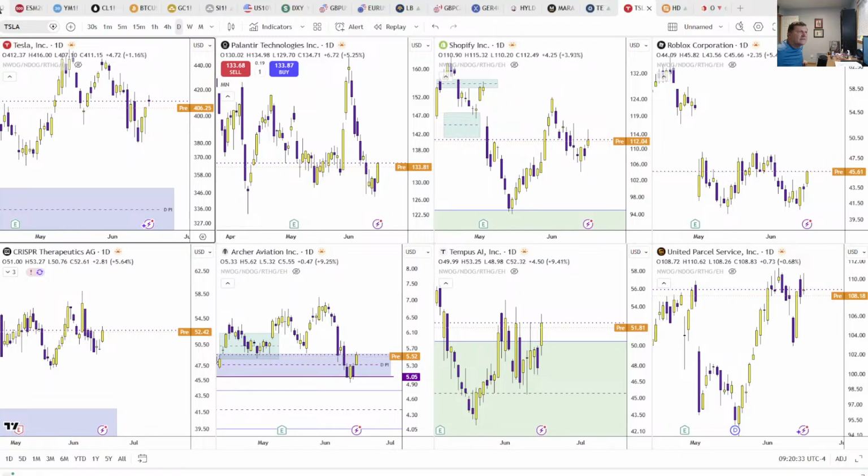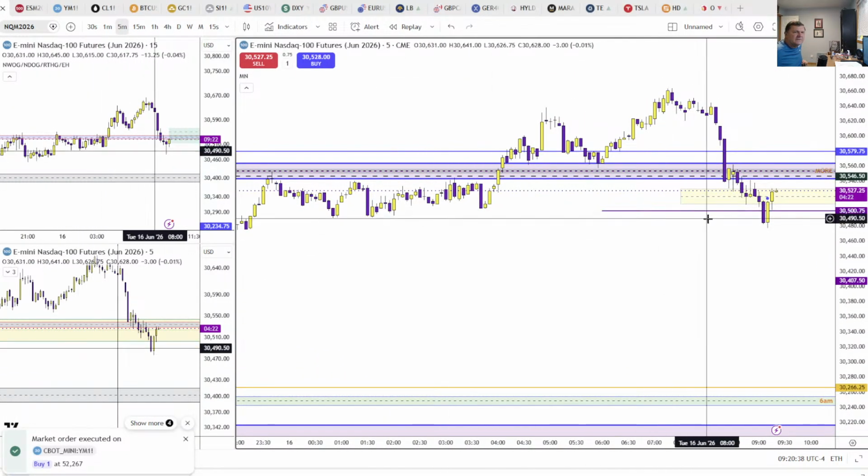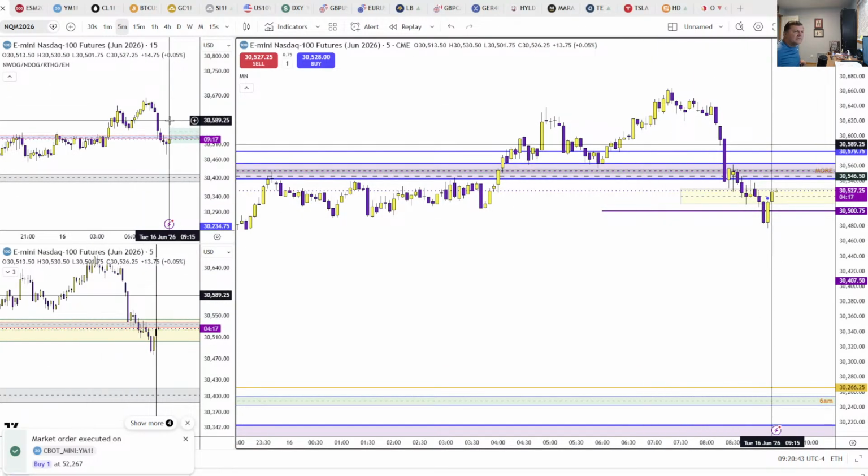Go back to here so you guys keep an eye on that. So we swept the lows here. Now I want to see that hourly retracement back into that level we're talking about up here.